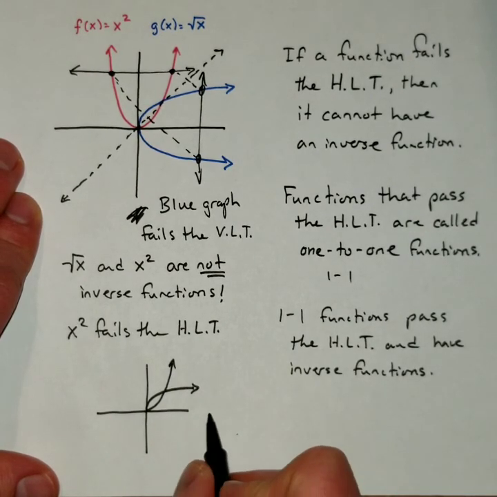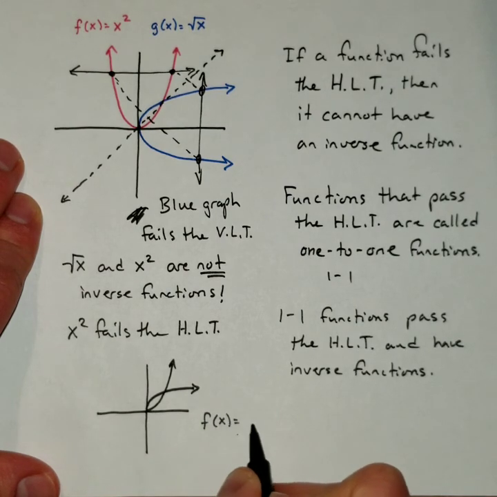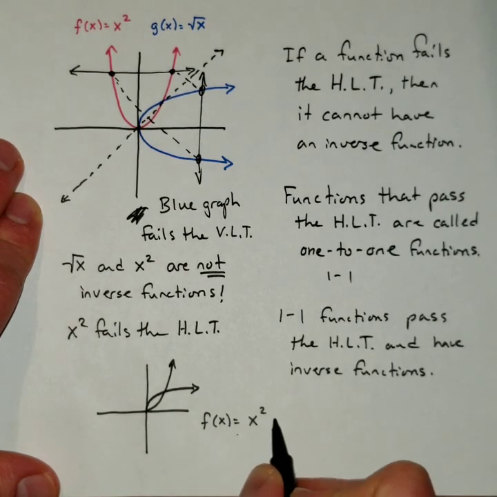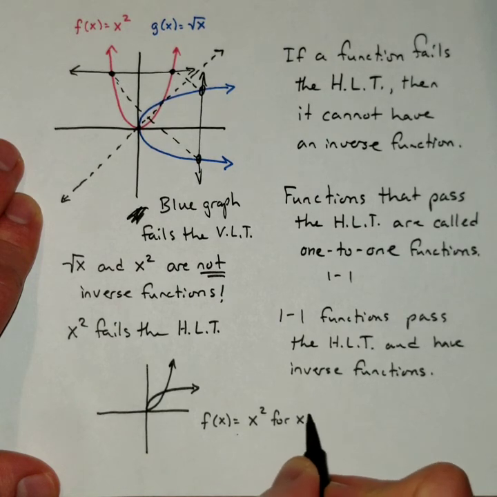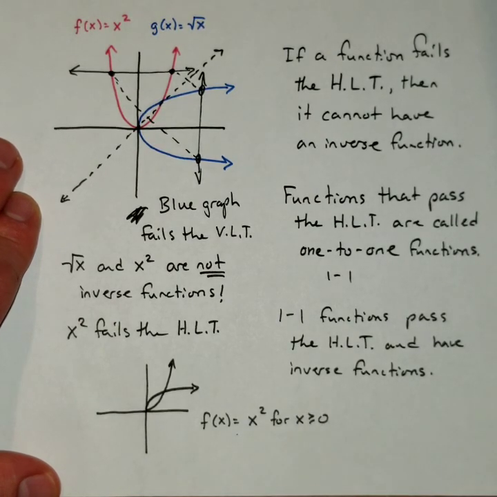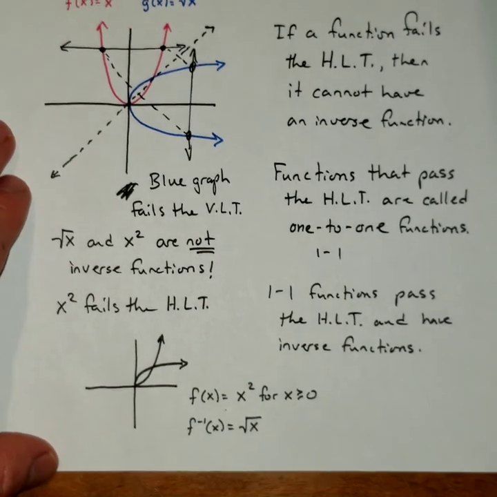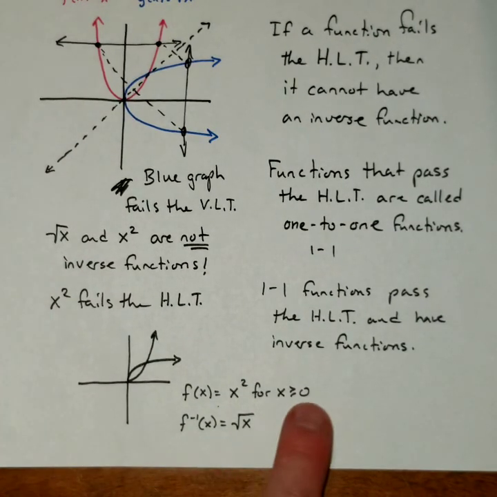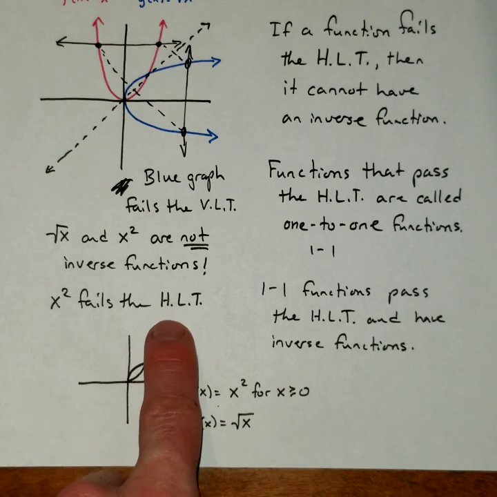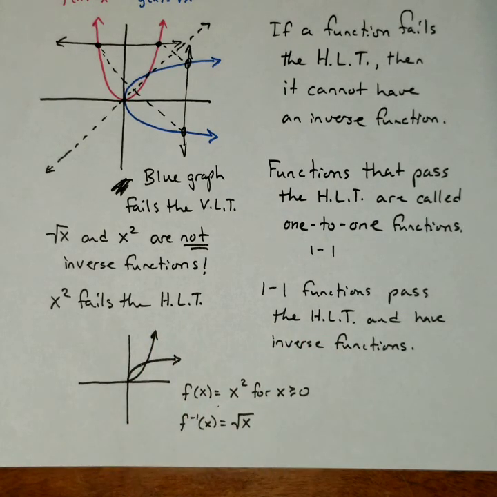So if you look at f of x being the x squared function for x greater than or equal to 0, just the positive side with 0, then you actually do have an inverse with the square root of x. Okay, so you just have to restrict the domain, limit the graph to part of the graph that passes a horizontal line test.